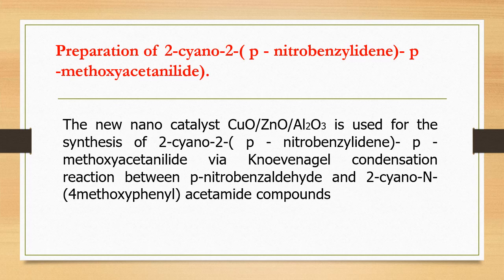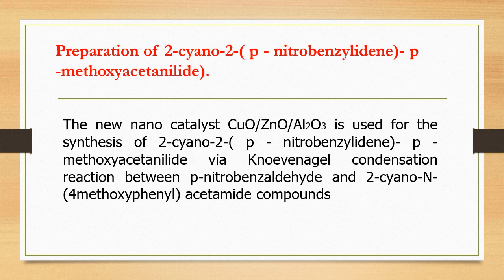The new nanocatalysts, copper oxide, zinc oxide and aluminum oxide, prepared by percentage, are used for synthesis of that product by a widely used reaction called the Knoevenagel condensation reaction, between para-nitrobenzaldehyde and 2-cyano-N-4-methoxyphenyl acetamide compounds. We know that the Knoevenagel condensation reaction is actually carried out over an activated methylene group.